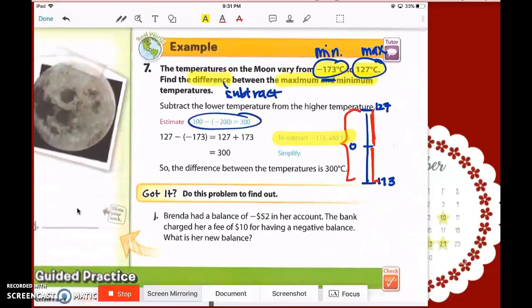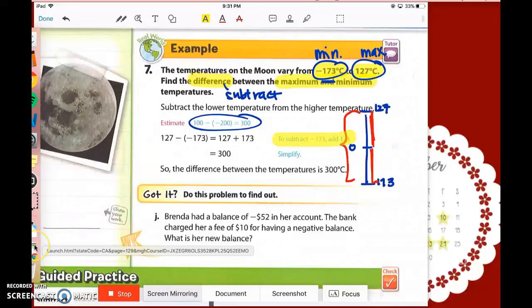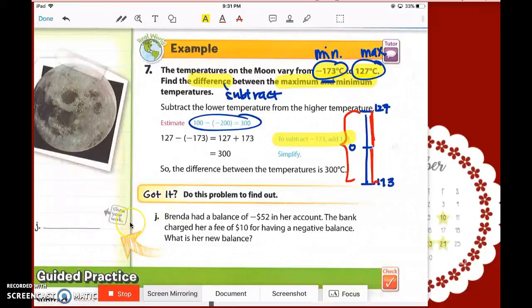Okay, try J on your own in your notes to see what you would get for that. So Brenda had a balance of -$52 in her account, right? So she's in debt. The bank charged her a fee of $10 for having a negative balance. Okay, what is her new balance? So if you have a balance, if you're in debt with negative money and they're charging you a fee, what do you think you should owe? Start with that.